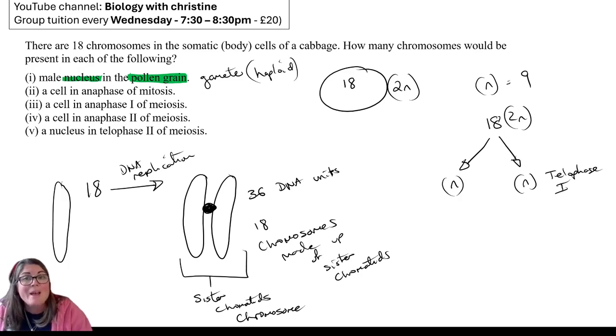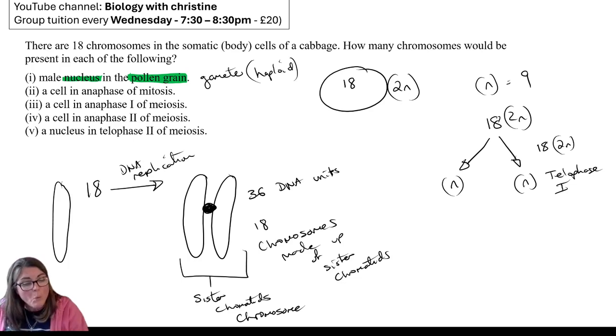So during anaphase 1, in a cell in anaphase 1, I therefore know that I still would have my full set of chromosomes, which would be 2N, because they have yet to be divided.